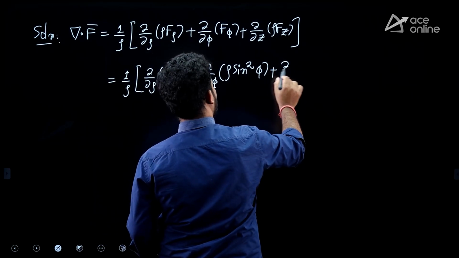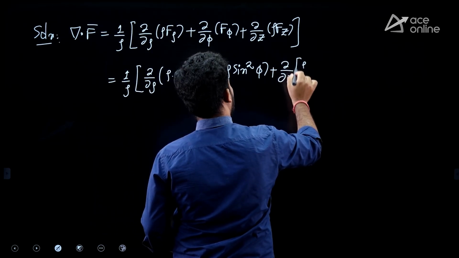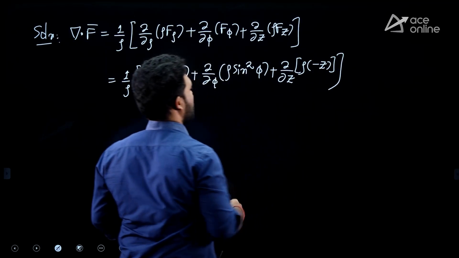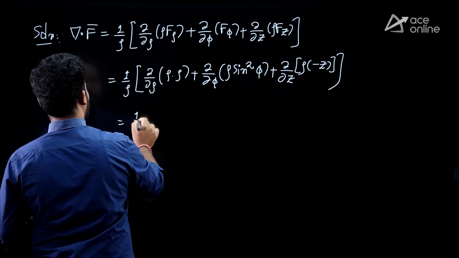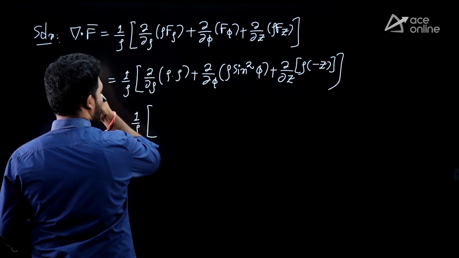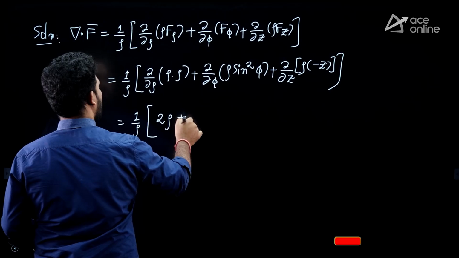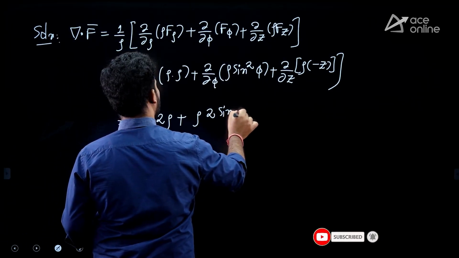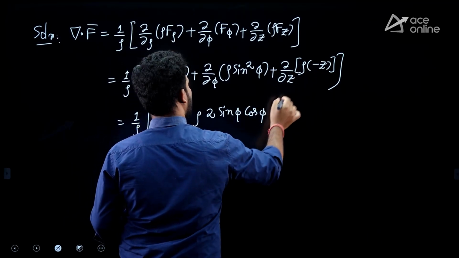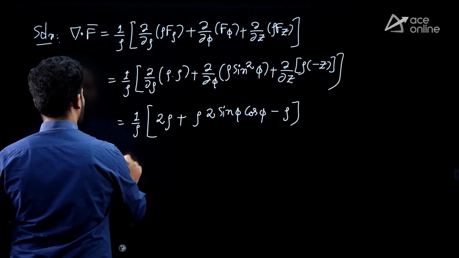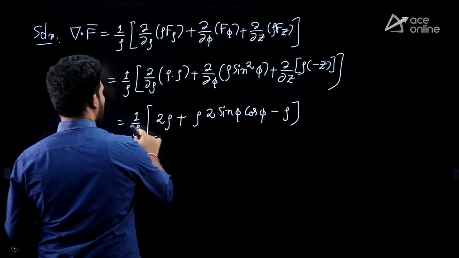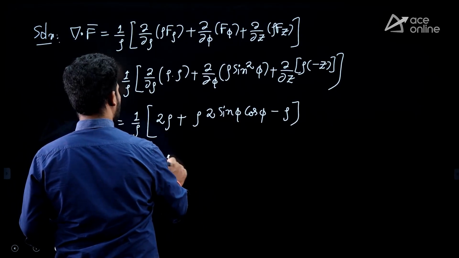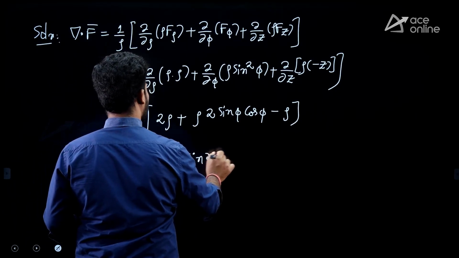Plus dou by dou z into rho into fz. What is fz? It is minus z. So 1 by rho into rho square differentiation is 2 rho, plus rho into sin square phi differentiation is 2 sin phi cos phi, and differentiation of the last one is minus rho. So you can check out divergence of f is equal to 2 rho minus rho, what remains is rho, plus 2 sin phi cos phi. Just algebra, this can be written as 1 plus sin 2 phi.